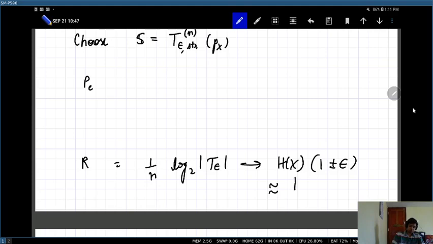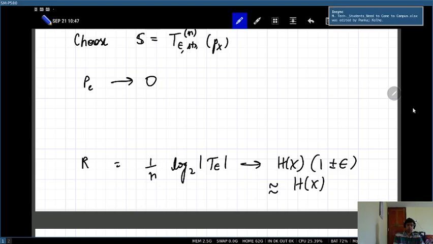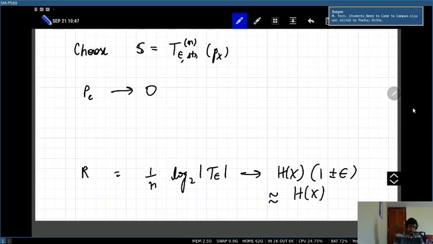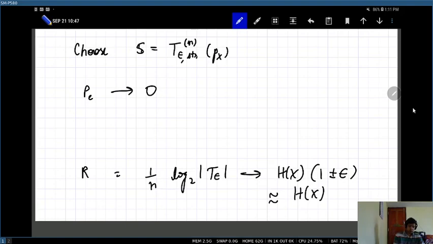So the achievable rate is close to the entropy of the source, and the probability of error is of course vanishing in n, because we saw that the strongly typical set is a high probability set, right? Okay, so now we've demonstrated the existence of a set which is a high probability set, and 1 over n of log of the size is close to the entropy.